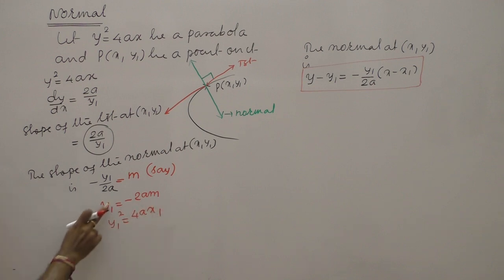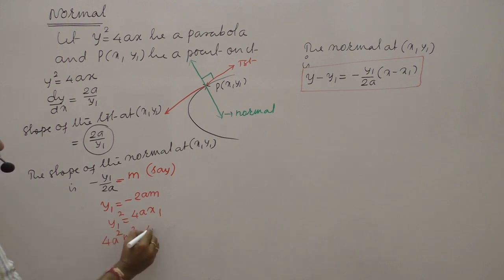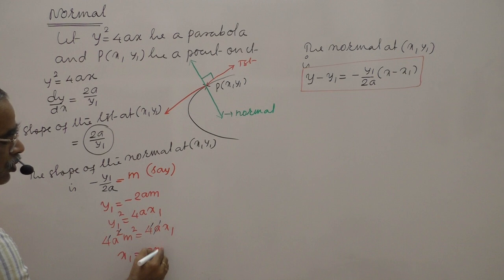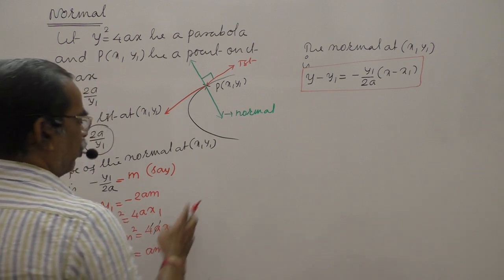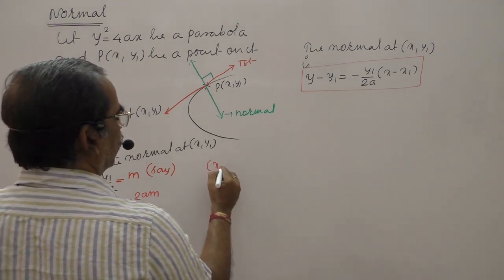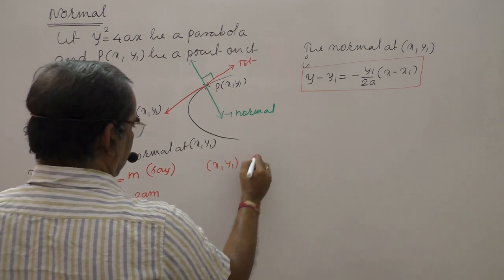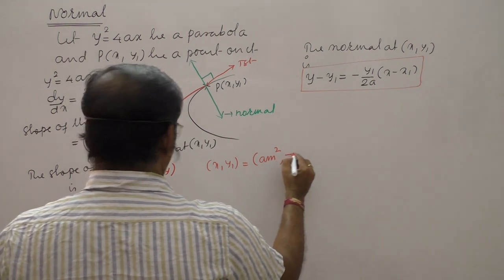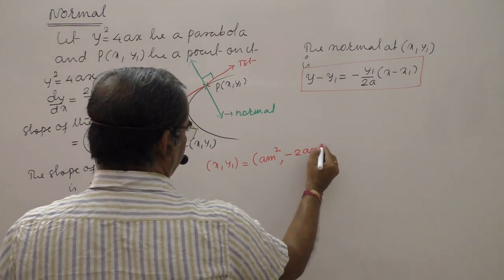If I put y1 here, 4a squared m squared equals 4a x1. I can cancel 4a on both sides. Then x1 is a m squared. Therefore the point (x1, y1) becomes (am squared, minus 2am).